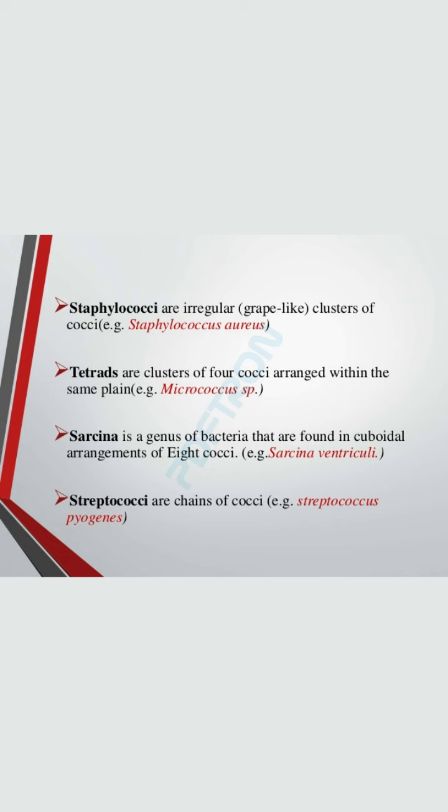Tetrads are a cluster of 4 cocci arranged in the same plane. Micrococcus Sarcina is a genus of bacteria found in a cuboidal arrangement of 8 cocci. Sarcina ventriculi. Streptococci are chains of cocci.